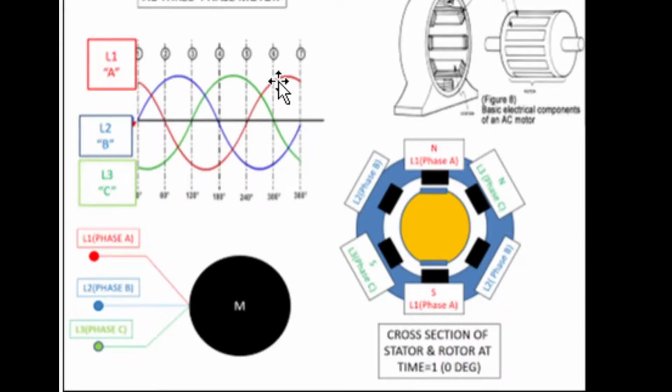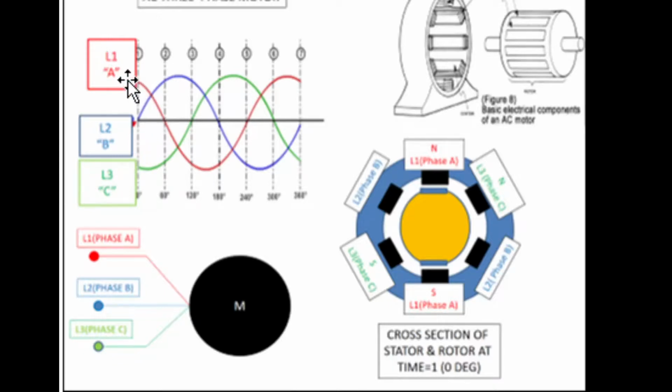All right, this time on the oscilloscope, we're going to bring in all three of the voltages and plot them at the same time. So we got phase A, which is connected to L1, phase B, which is connected to L2, and phase C, which is L3.